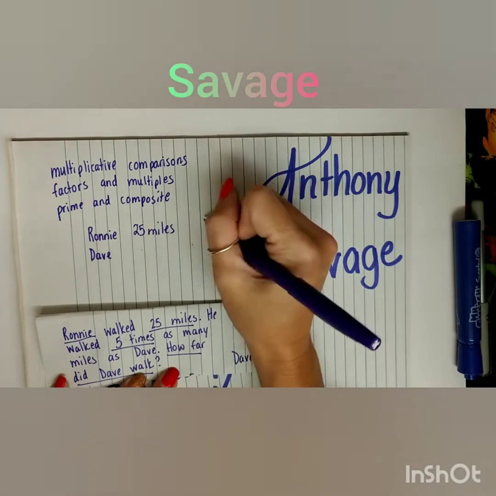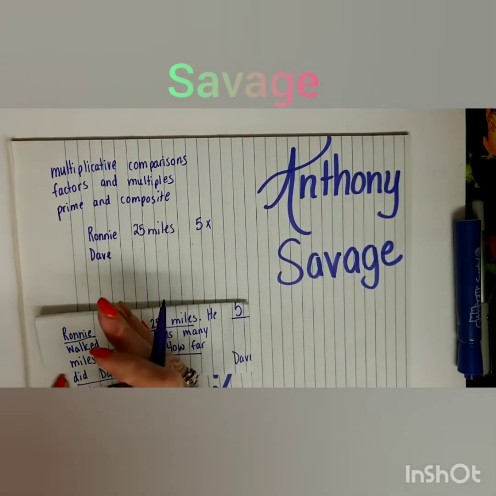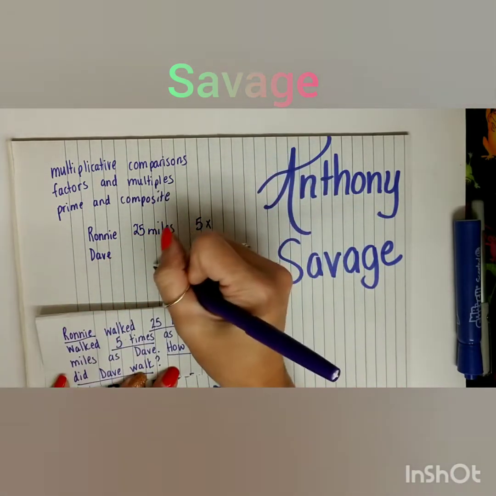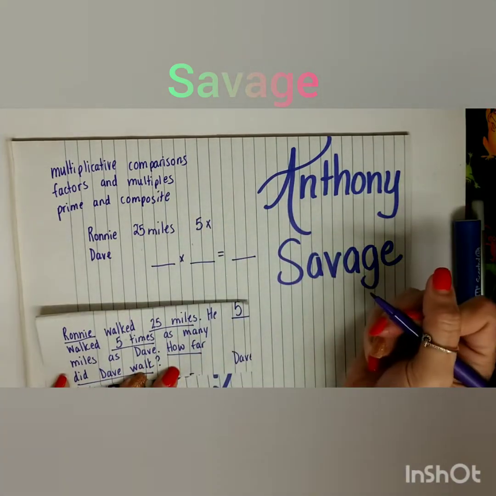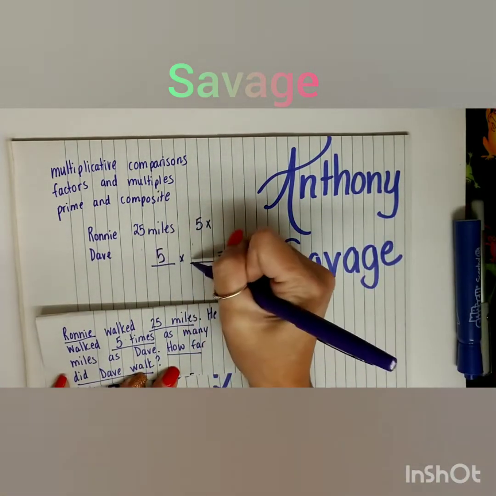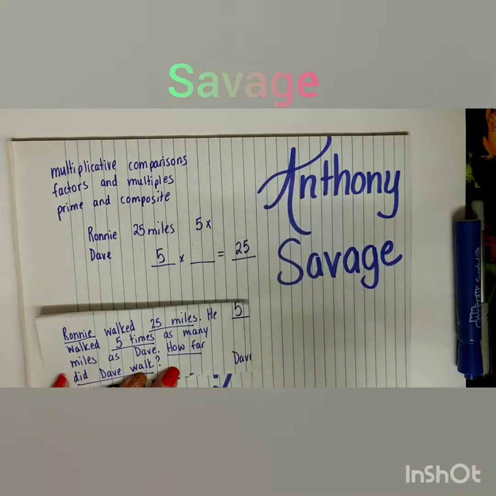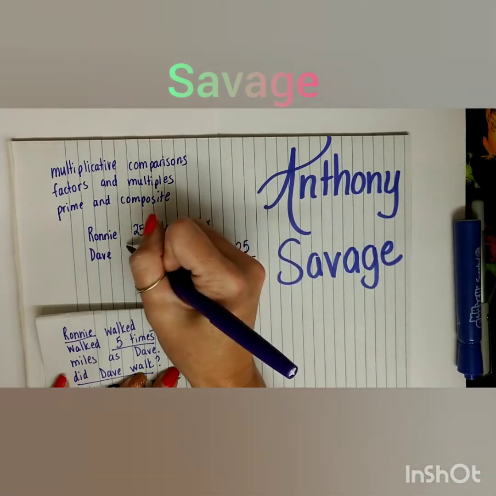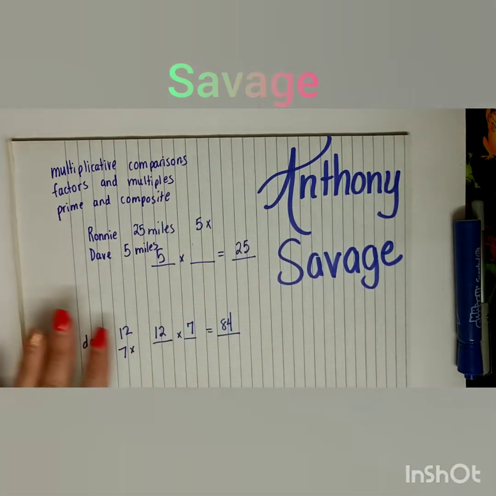He walked 5 times as many as Dave. When I look at my data, they are both on the same line, which means I have a number on both sides of the equal sign. 5 times as many goes with the times, and 25 goes here. To solve, I think to myself, what times 5 equals 25? Dave walks 5 miles. So that's our multiplicative comparisons.